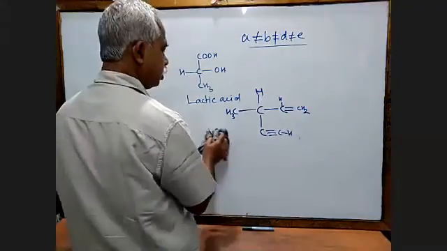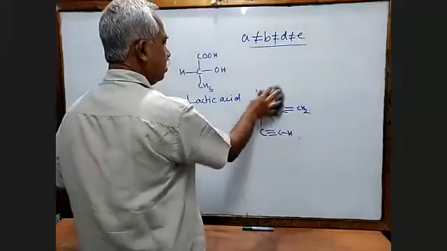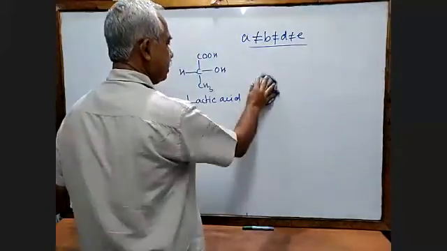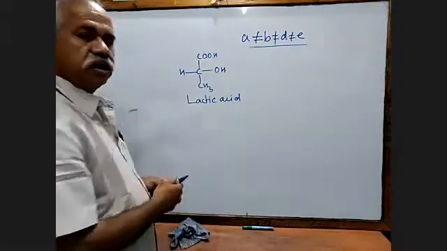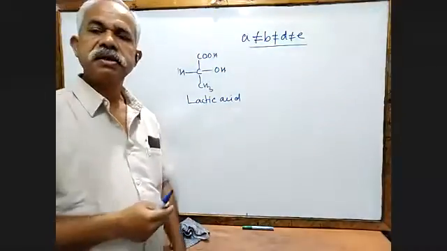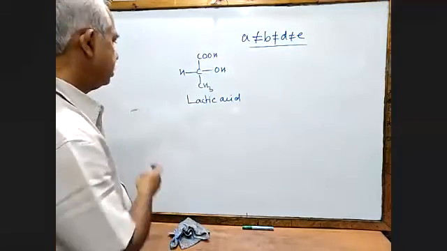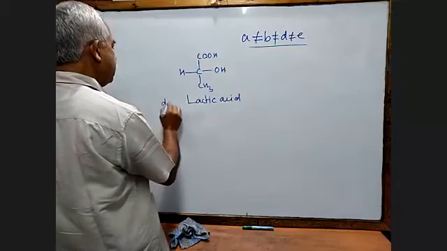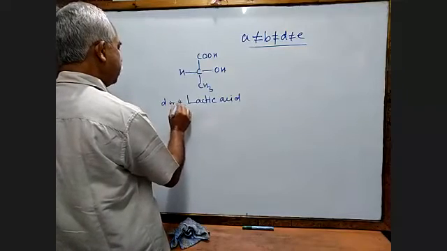So if you make a solution of lactic acid in water, and if you pass the light, then you will find one of the isomers will turn the light towards right. So if it is like this, what should I write? I can write here D or plus lactic acid.